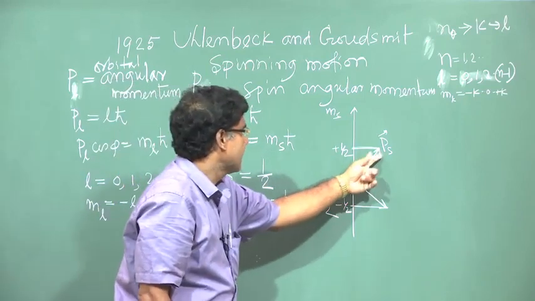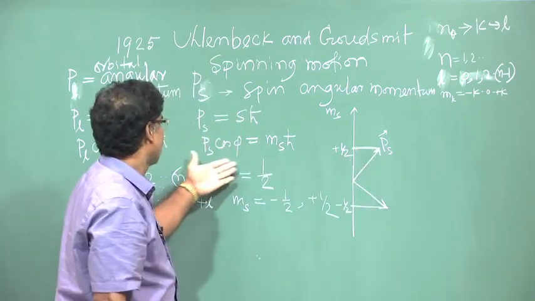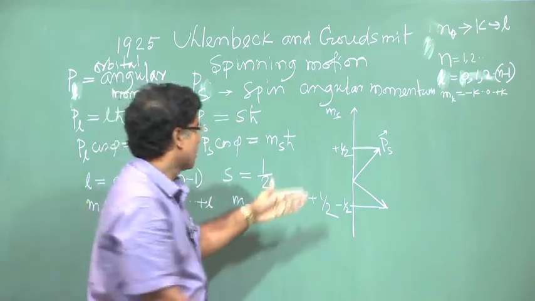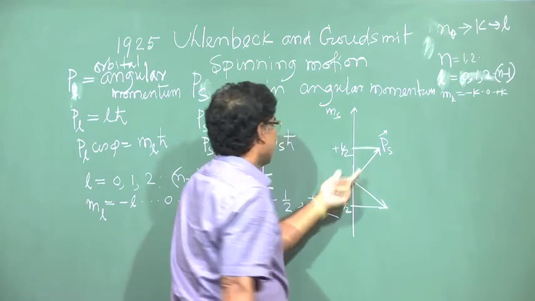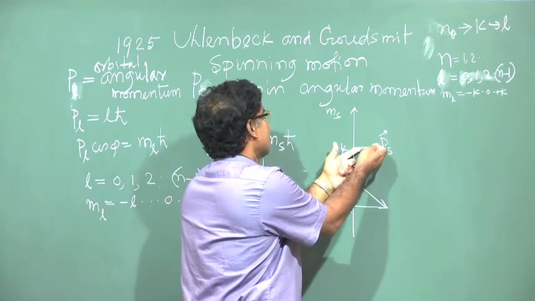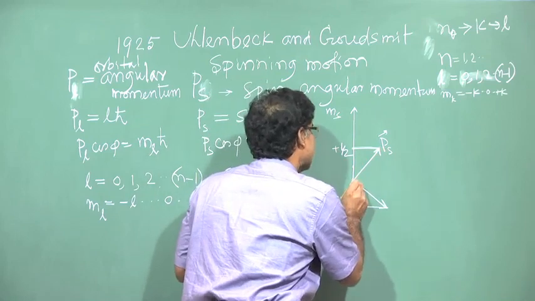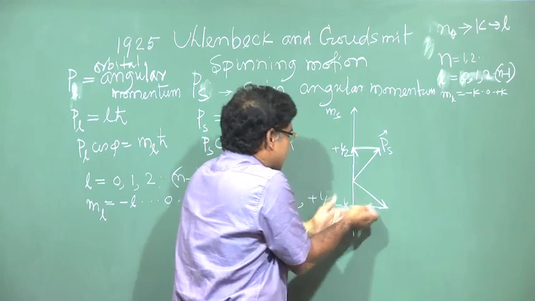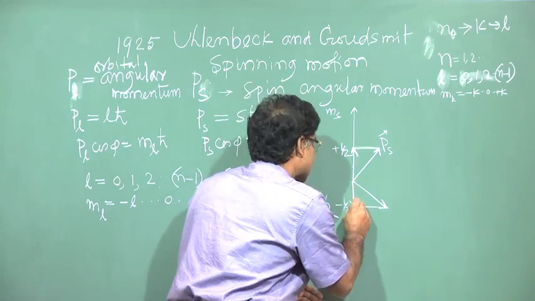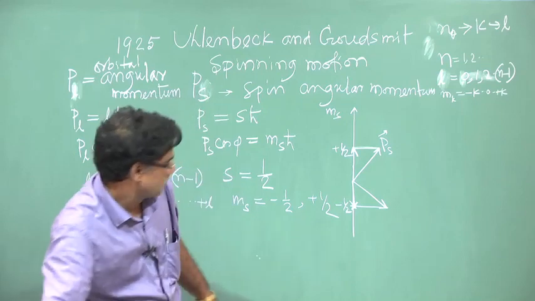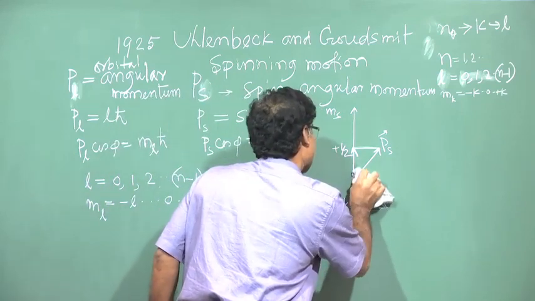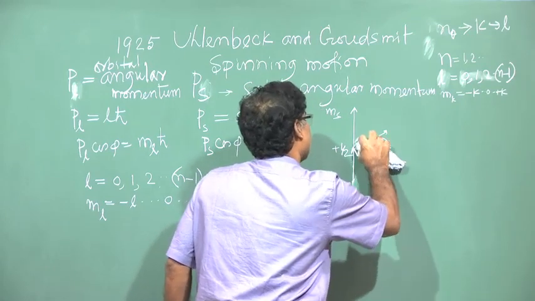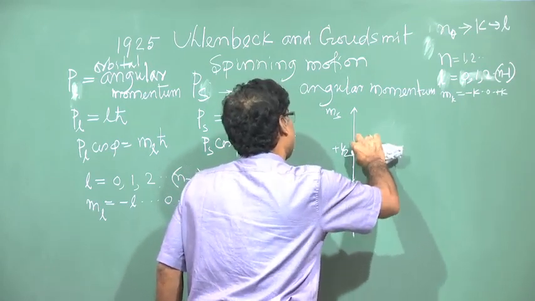Now, here Ps itself is half h cross, S equal to half. So, if I want to get a projection of plus half, it has to be in this direction, or if I want to get minus half, it has to be in the opposite direction.